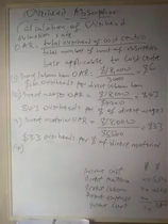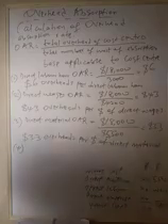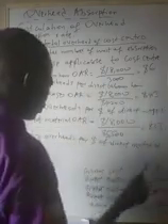18,000 divided by 9,700 gives you approximately 1.9.